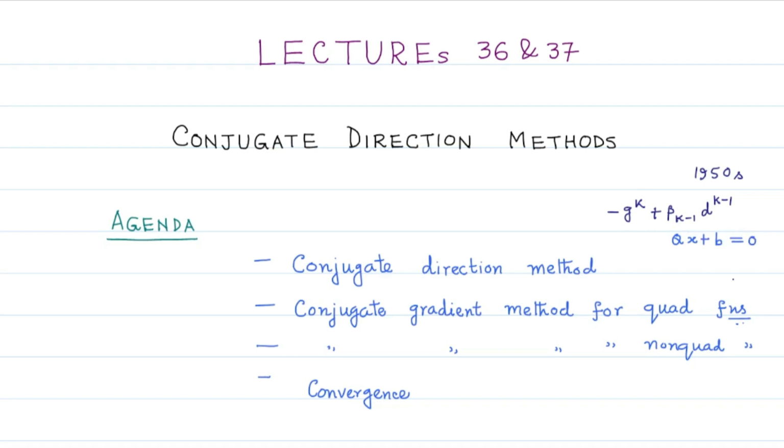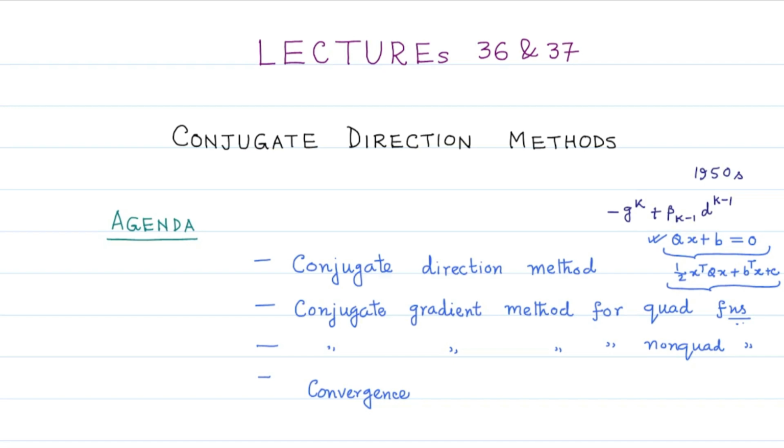Solving this system is equivalent to minimizing a positive definite quadratic function, half x transpose Qx plus b transpose x plus some constant c. As identifying a minimizer of this quadratic function is equivalent to solving this linear system, Fletcher and Reeves in the 1960s modified the method to solve unconstrained optimization problems with quadratic or non-quadratic functions.